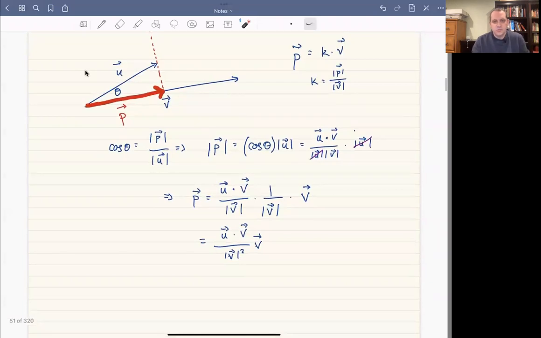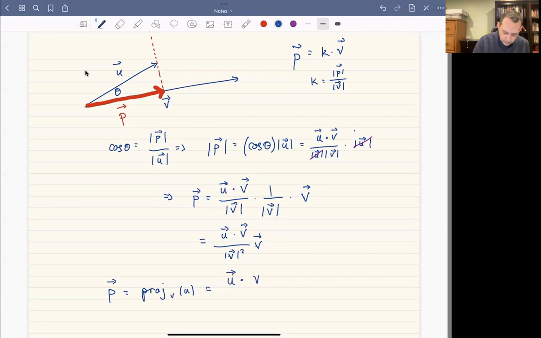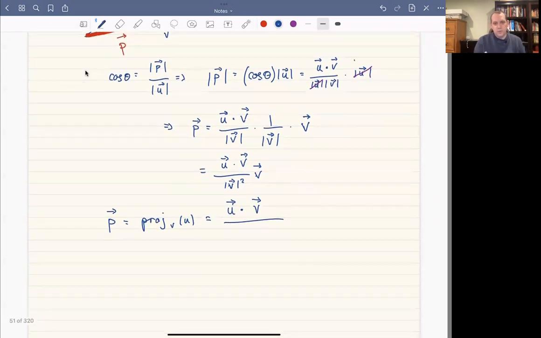So anyways, that's what's called a projection. So P, by the way, is called the projection of U on V. And so if I want to write this, this is U dotted with V divided by the length of V squared. And remember, the length of V is the square root of the dot product of V with itself.